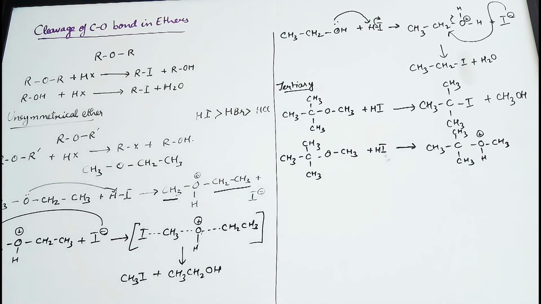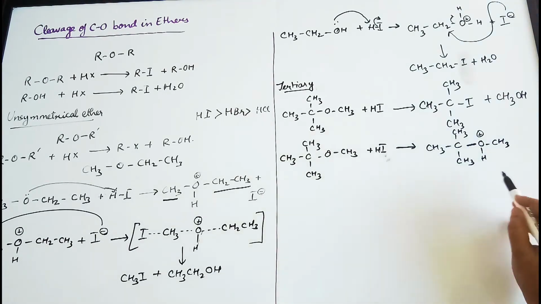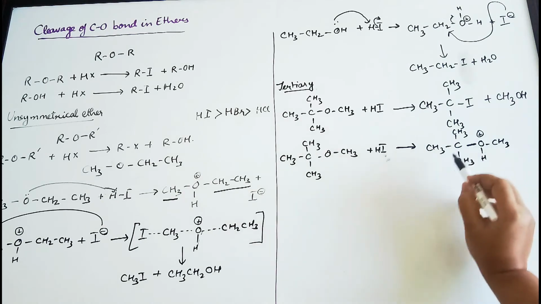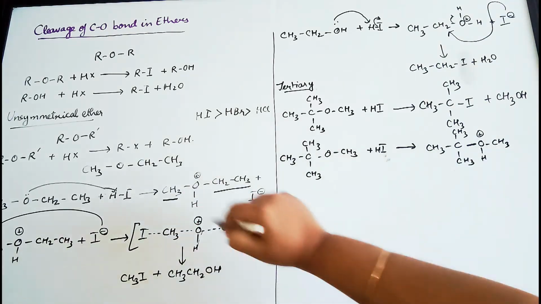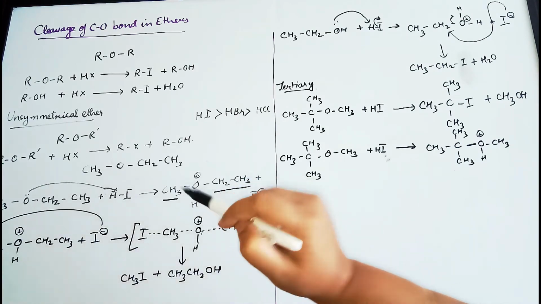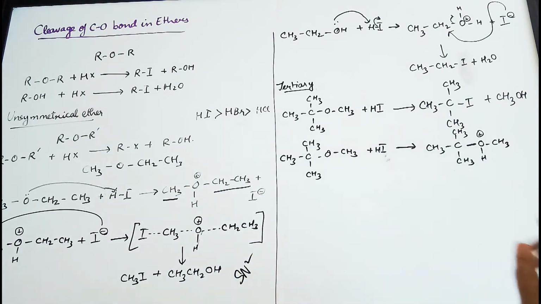Now what happens is there is a slow conversion. By the loss of this, the bond is going to break, and this gives us a very stable tertiary carbocation. In the previous case, you had a transition state forming because it's an SN2, whereas this is going to be an SN1.